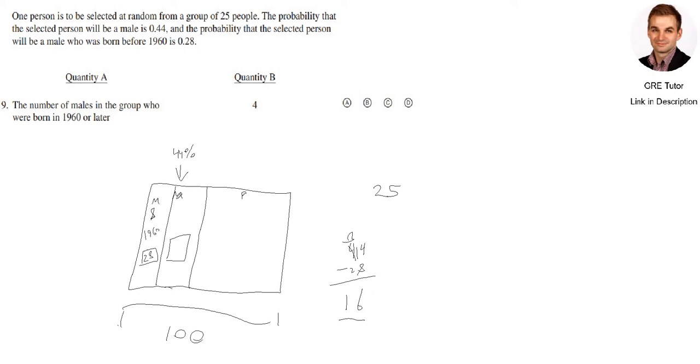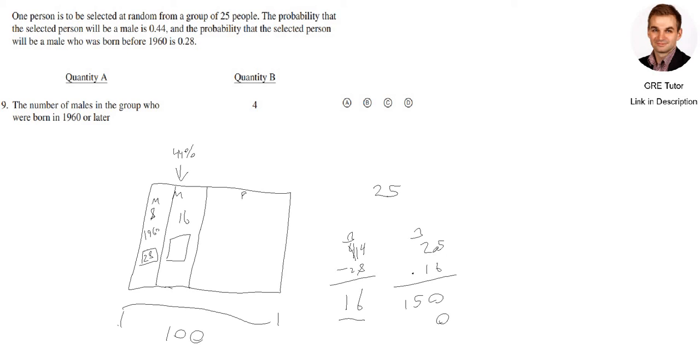Alright, now 16% of people are male and are born 1960 or later. Alright, now how much is that of 25 people? Okay, so that's 25 times 16%, which is the same thing as 25 times 0.16. So we do that: 6 times 5 is 30, 6 times 2 is 12, plus 3 is 15, that's 150.